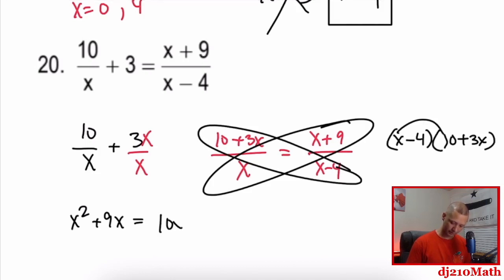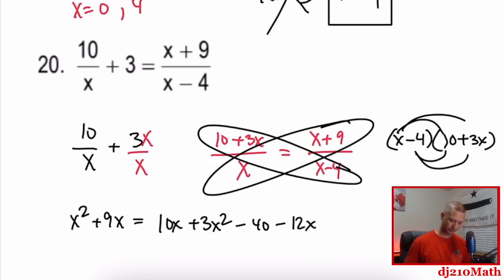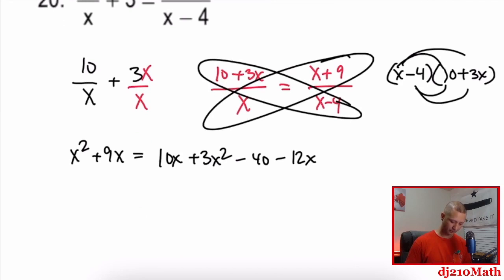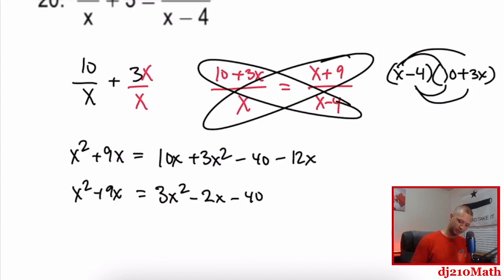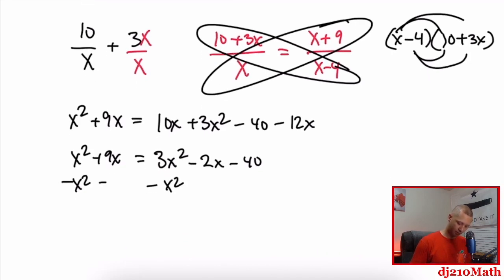So 10x, 3x squared, negative 40, negative 12x. So like terms, negative 2x, negative 40, x squared plus 9x, minus x squared, minus 9x.